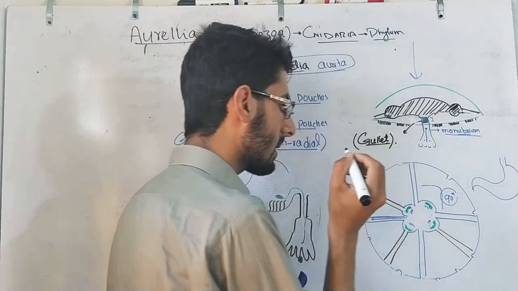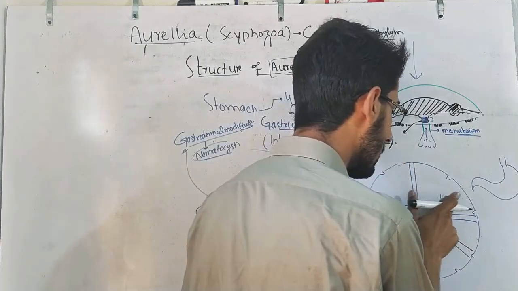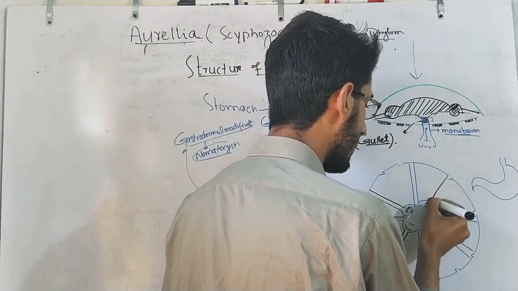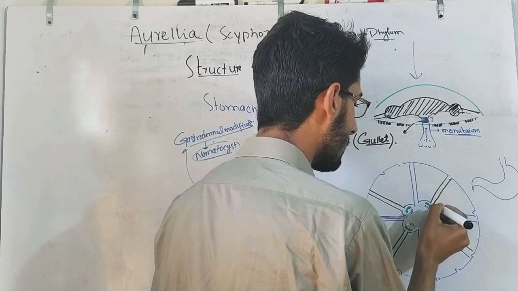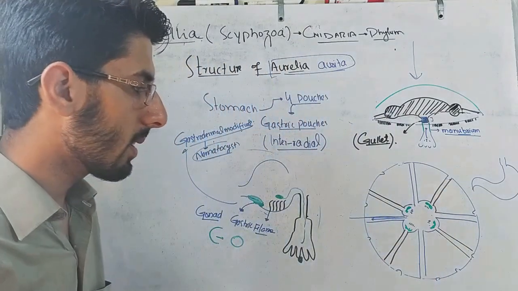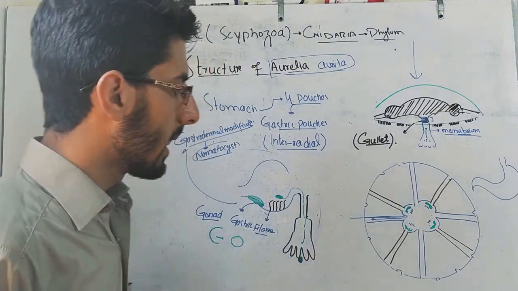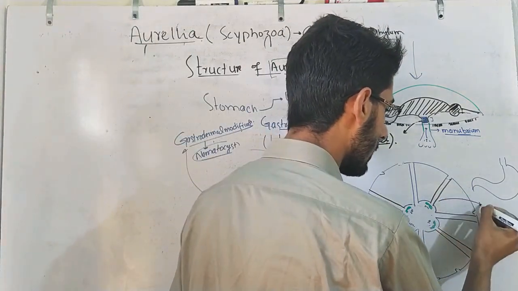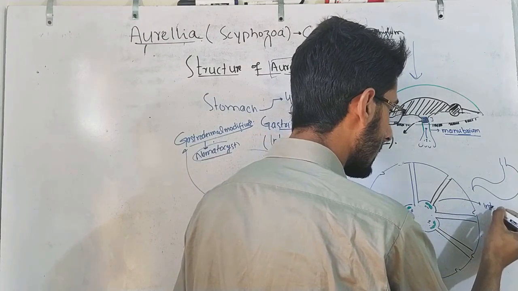In the case of Hydromedusa, we have seen that there are only four canals, but in this genus of class Scyphozoa, there will be four more canals beside these radial canals. And these canals are actually in the interradial position.